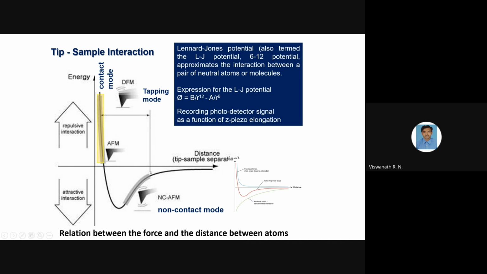When it is very far away, probe and sample have no interaction, so it does not know what is there. But when they come closer and closer, very close to the surface, the tip knows that there is some intervention. That region is called the attractive interaction.